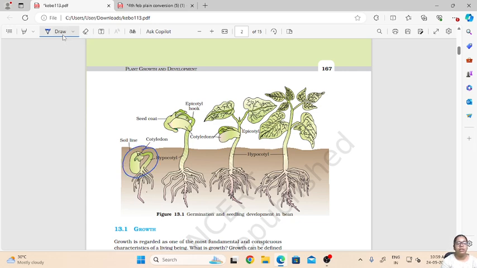After germination, the plumule will form the shoot system, and the radicle will form the root system. So with time the seed germinates, and then with respect to time it grows into a new plant with root system and with the shoot system. And how we get these roots and shoots is through the division of the meristematic cells.